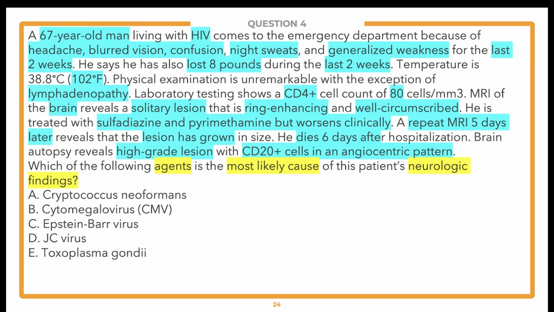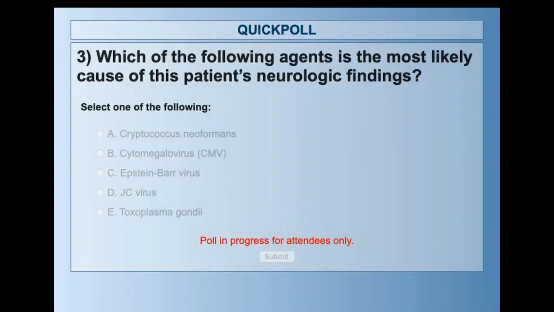Hopefully you've been able to break down all of that information, break down that vignette, and figure out which of these agents is the most likely cause of this patient's issues. Let's see, about half of you have voted, so you're off to a good start.